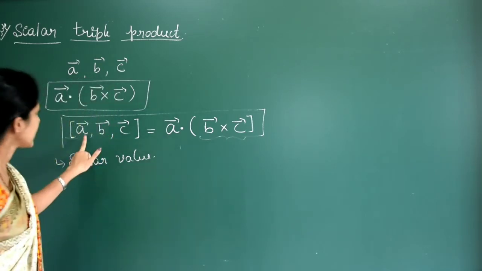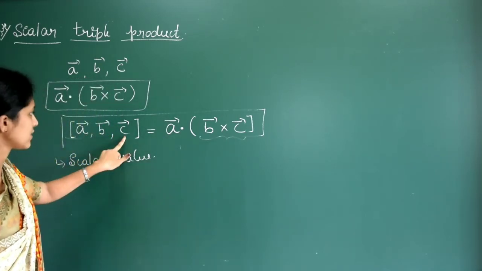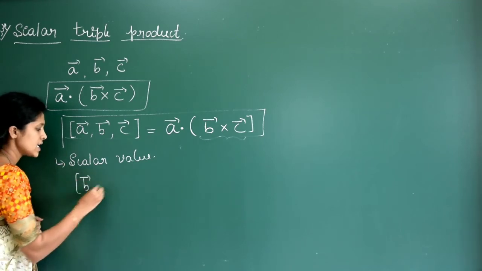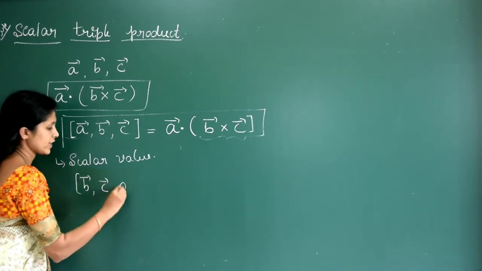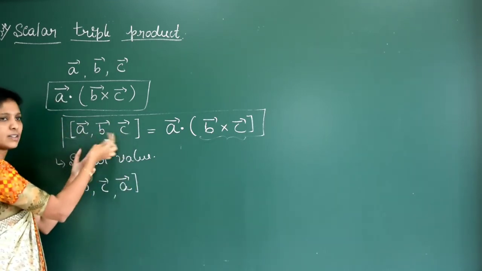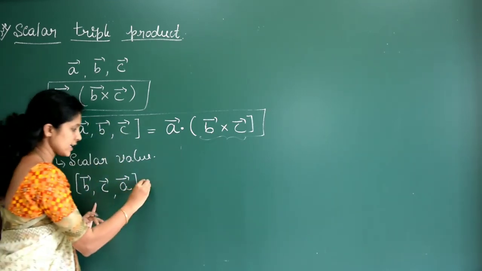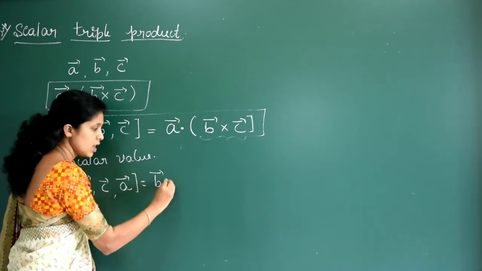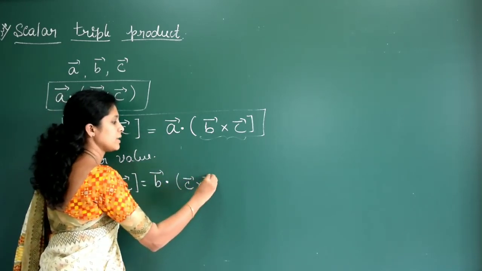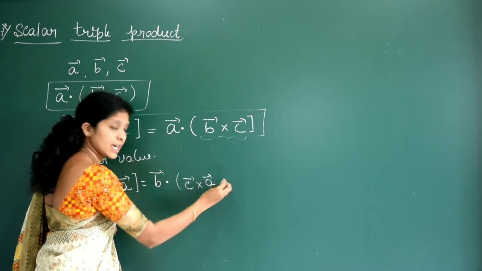One more thing. Here I have A vector, B vector, C vector. Can I write this as B vector, C vector, A vector? So this is equal to B vector dot C vector cross A vector.